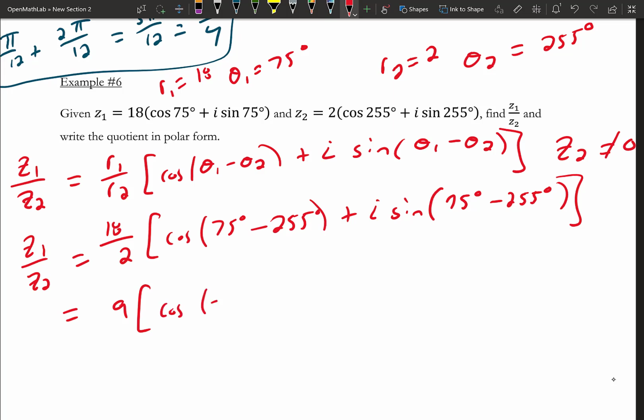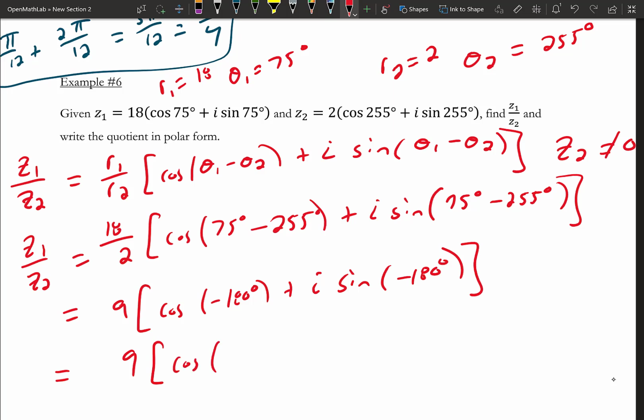So this would be cosine of negative 180 degrees plus i sine of negative 180 degrees, which is equal to 9 times cosine of... it's important to note that negative 180 degrees is coterminal with 180 degrees, right? If I add 360 degrees to it, I get 180.